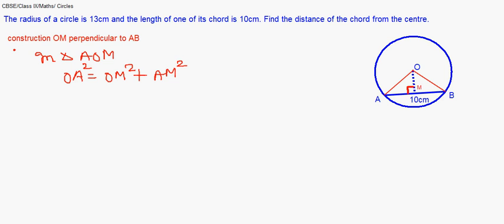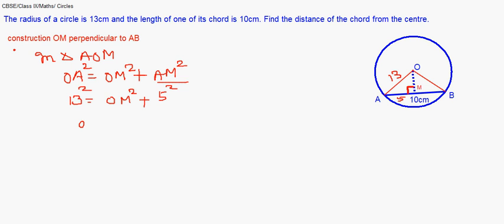The radius has been given as 13, so this is 13 square. We have to find OM, so it is OM square, let it be. And what will be AM? As because we just said that OM is bisecting AB, so AM will be 5, yeah? So it is 5 square.